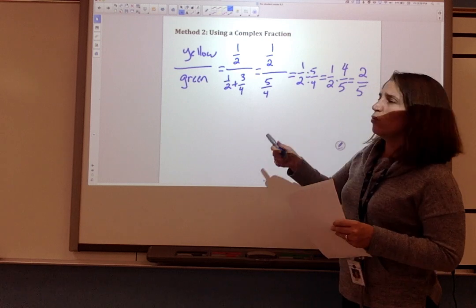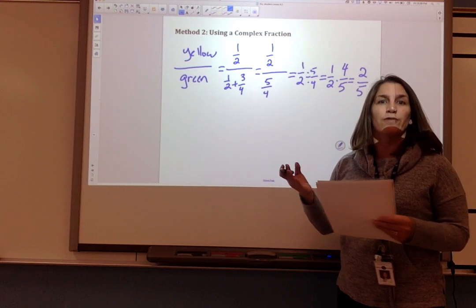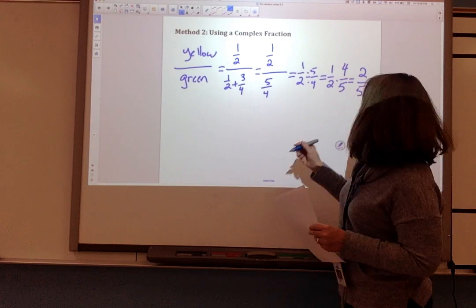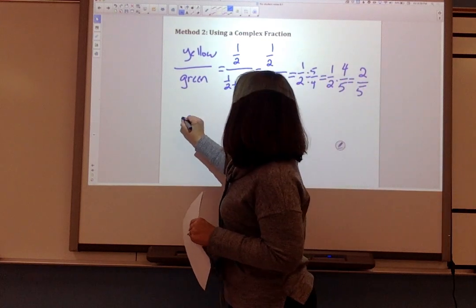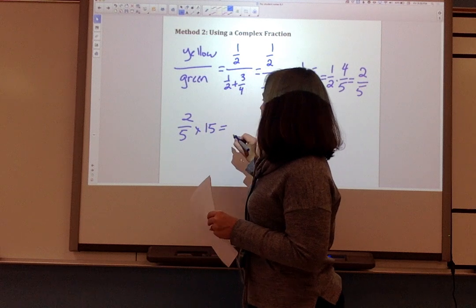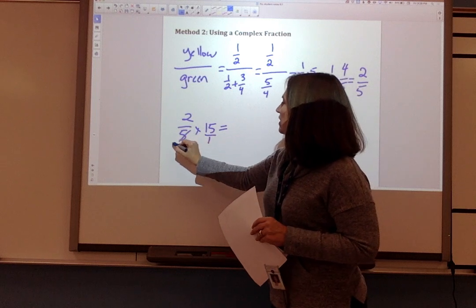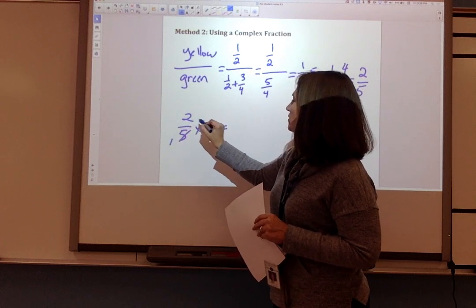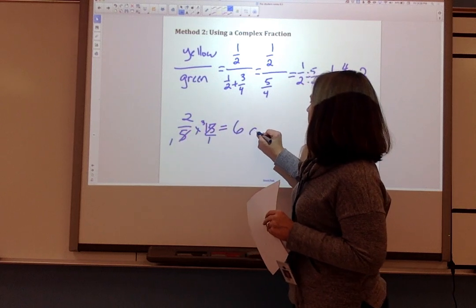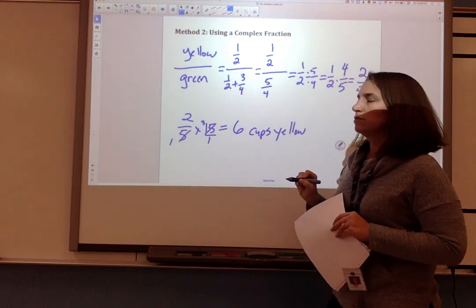So if we're wanting to answer this question about how much yellow and how much blue for 15 cups of green, we would take this 2/5 and multiply by 15, and let's say 15/1. We can simplify here. We get 2 times 3 is 6 cups of yellow.